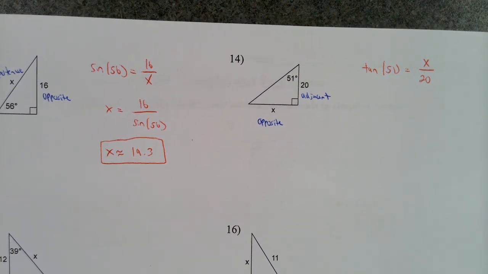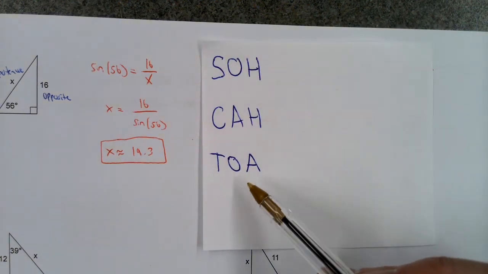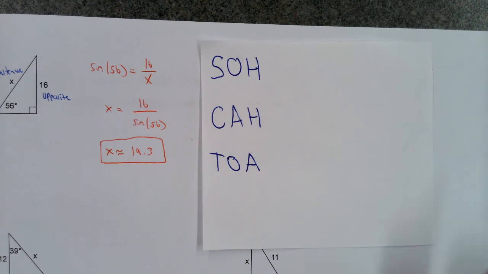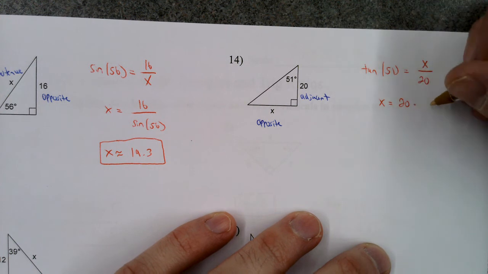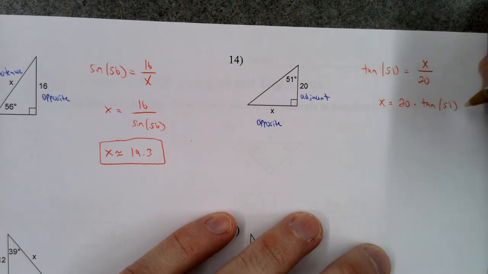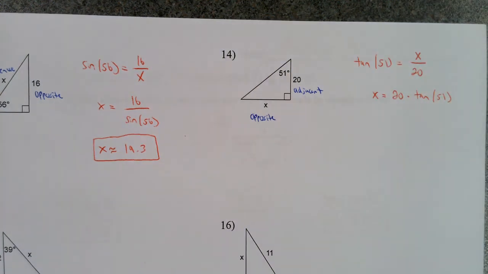Because opposite and adjacent is the one with tangent, see? So x equals 20 times tangent 51. 24.7.